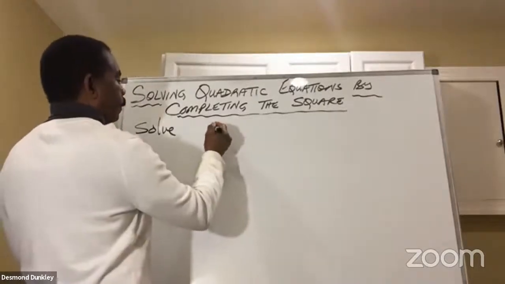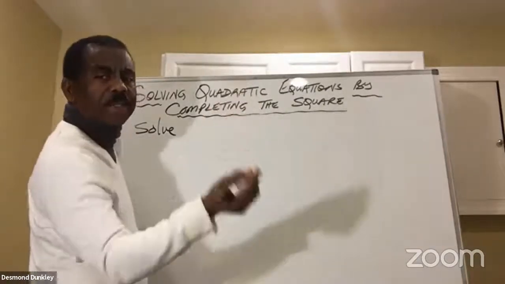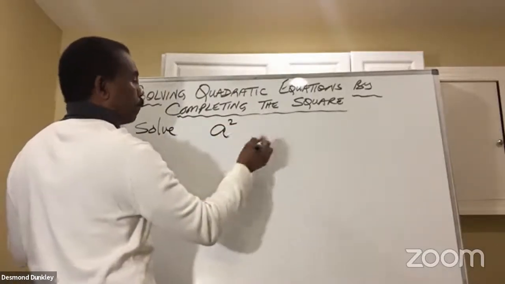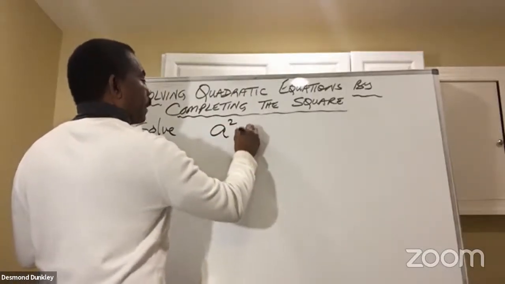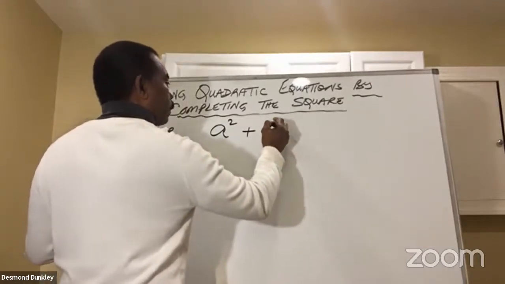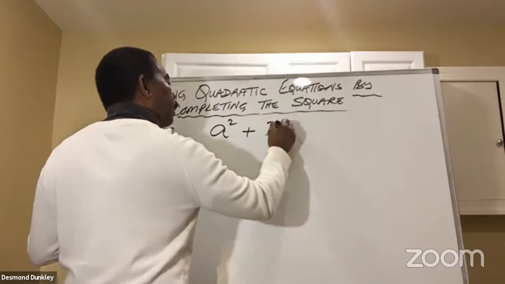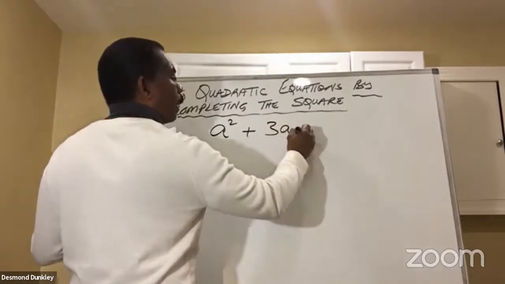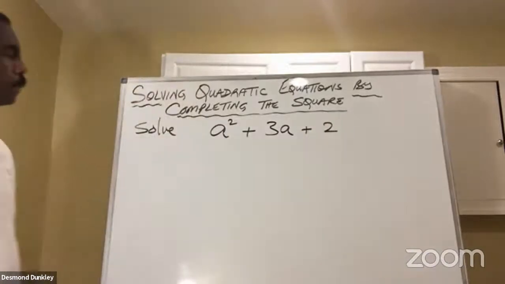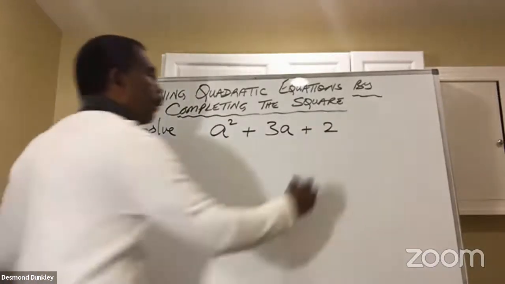So let's change up the letters just for the sake of it. So we have a squared plus 3a plus 2, okay, equal to 0.